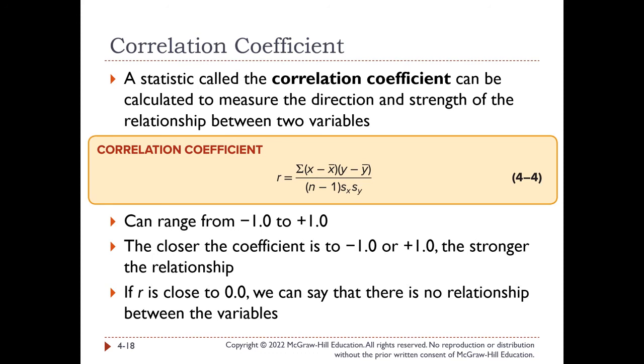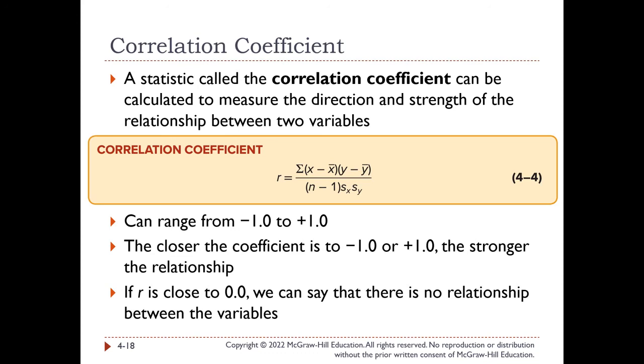To find the relationship, we take the sum of x minus x bar, which is basically our numbers minus our mean for one variable, and then we do the same with the second set, y minus y bar. Okay, so we're going to find the multiplication of all those.